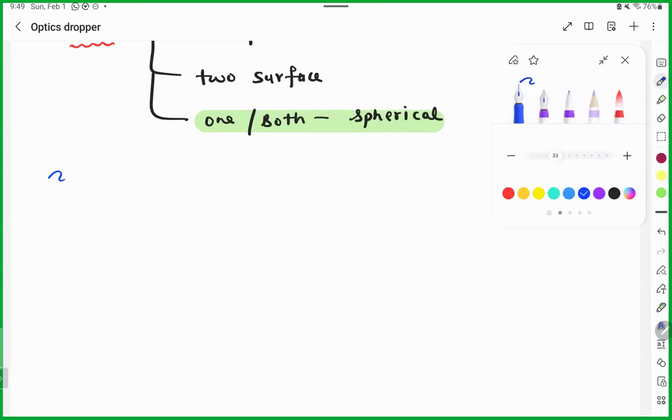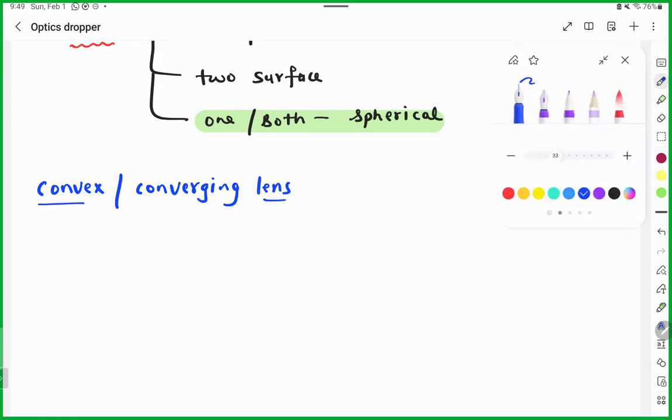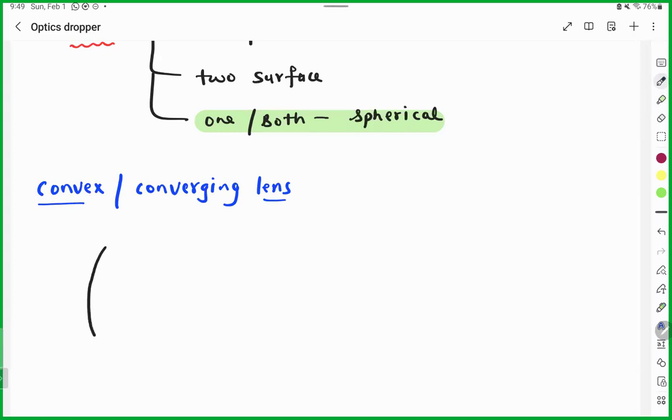So first is the convex or converging lens. If you take the convex lens, which is also converging, the basic convex lens you must have seen, this is known as double convex.